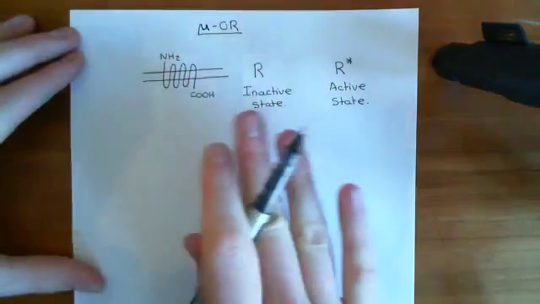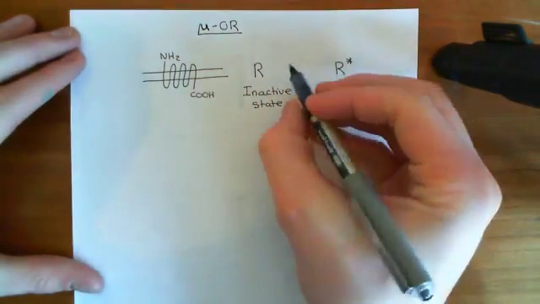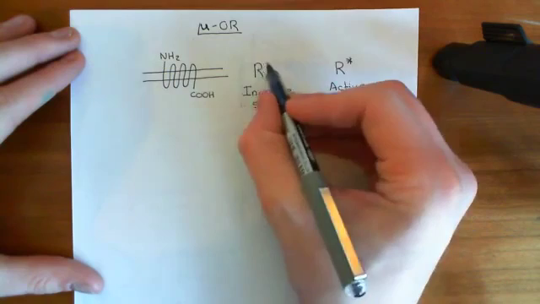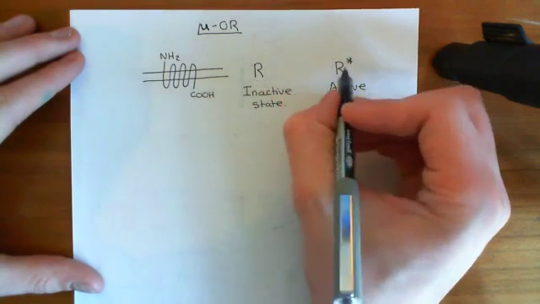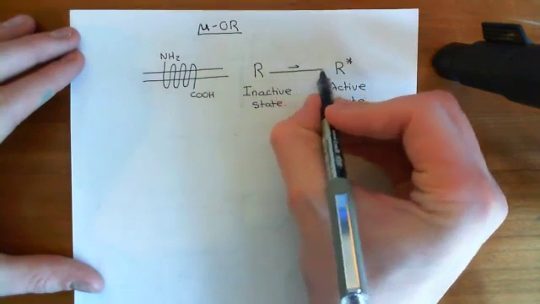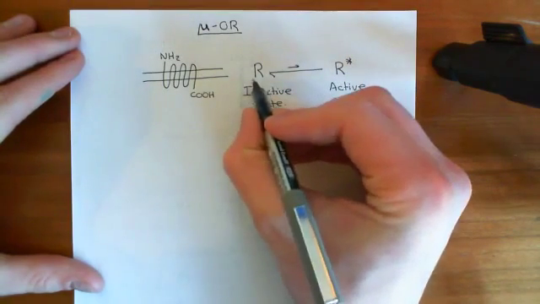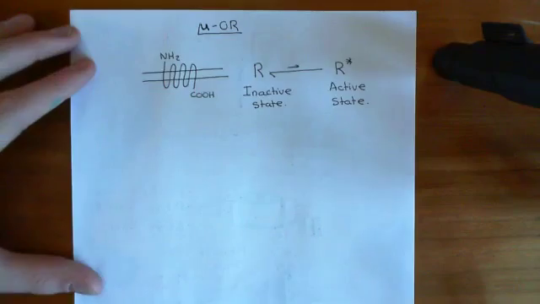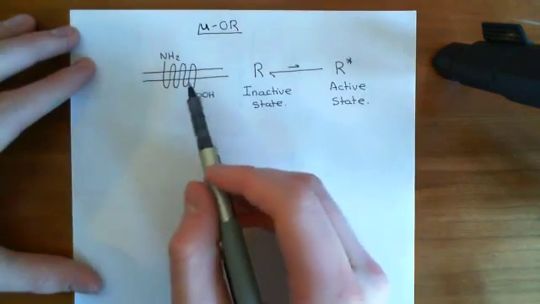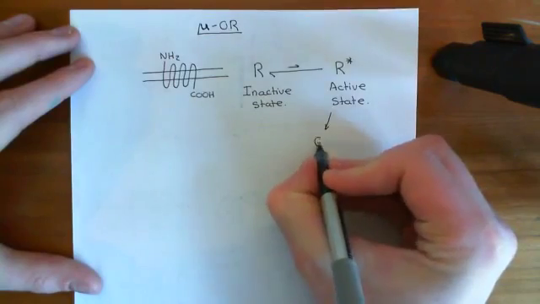Even when there is no ligand present, a few of them will be in the active state, i.e. it's not a case that they're all in the inactive state. There is an equilibrium. Most of them will probably be in the inactive state, but some will be in the active state. So there is this reversible reaction where the receptors can go from the inactive state to the active state, and then back again. So there are always some receptors in the active state even before the ligand has bound, and these will be activating Gi heterotrimeric G proteins.